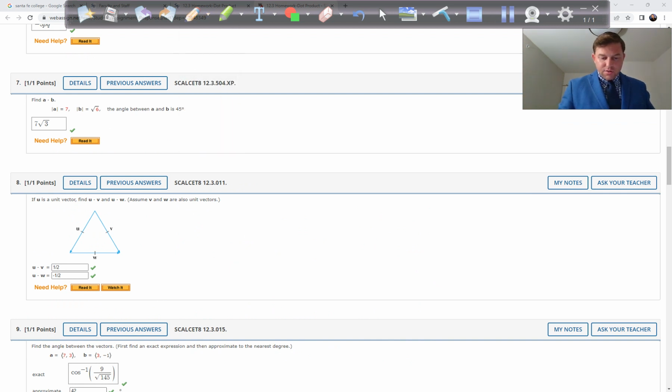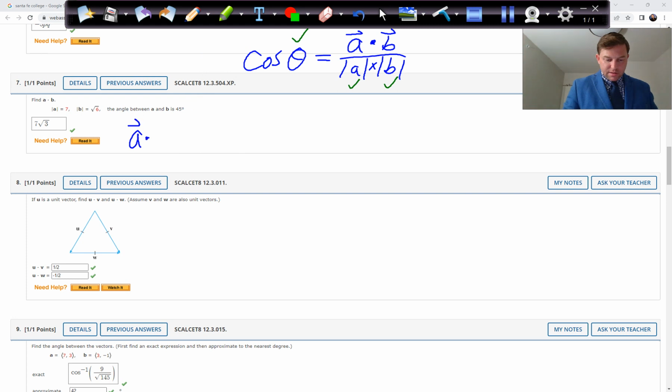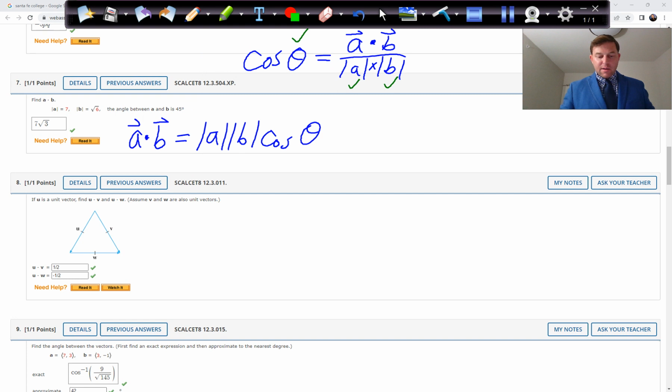So we have to use the fact that the cosine of the angle between two vectors is equal to A dotted with B divided by the magnitude of A times the magnitude of B. Well, we actually know theta, A, and B, so we're solving for A dot B. So we just have to rearrange this formula ever so slightly, multiply both sides by the magnitude of A and the magnitude of B, and that will tell us the dot product.